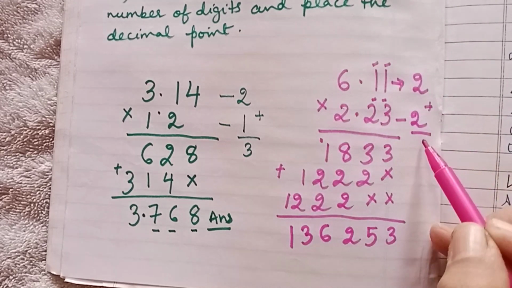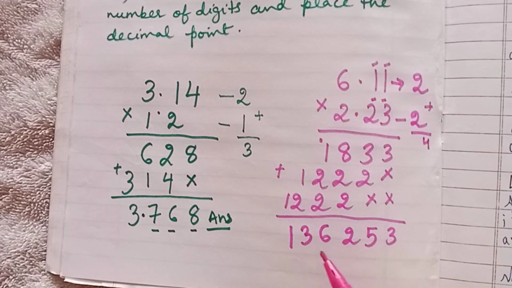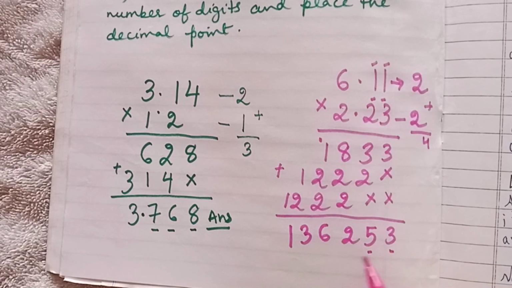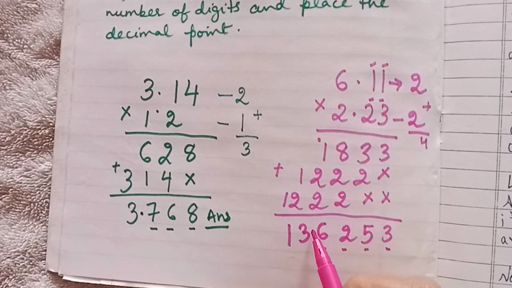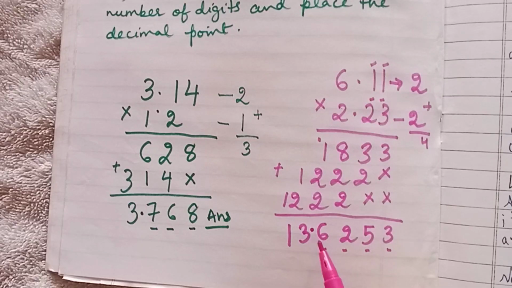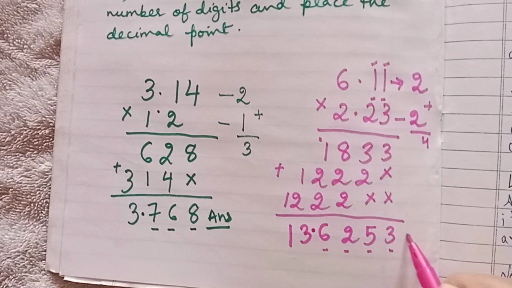So here it is 2 plus 2 is 4. In the answer from the right side we will count 4 digits, 1, 2, 3, 4, and place the decimal after 4 digits. So the answer is 13.6253.